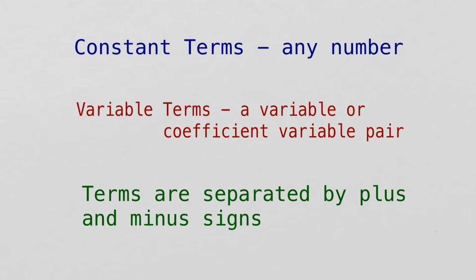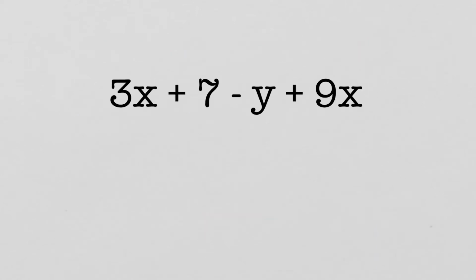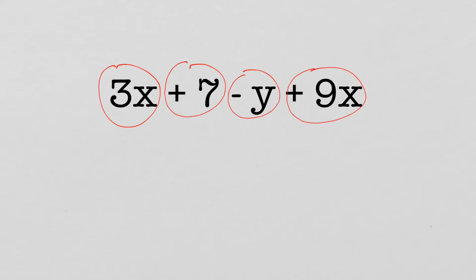So let's see what that looks like. Here is an expression. This is actually four terms. We have here terms of 3x plus 7 minus y and plus 9x. So we have a plus sign, a minus sign, and a plus sign that's separating all of those. We always want to keep that plus or minus sign with the term itself.